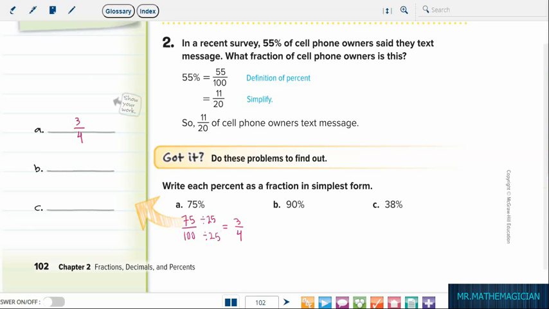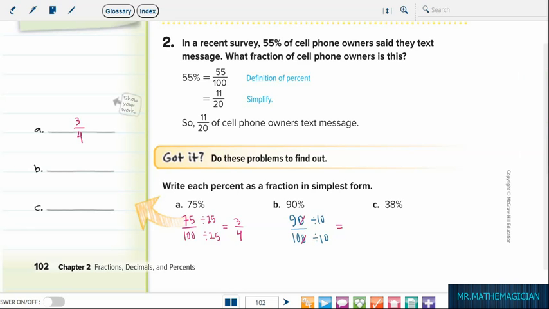Another question: 90%. Let's write it as 90 over 100. Let's divide by 10 up, divide by 10 down, or you can say I can cancel 10 up with 10 down.